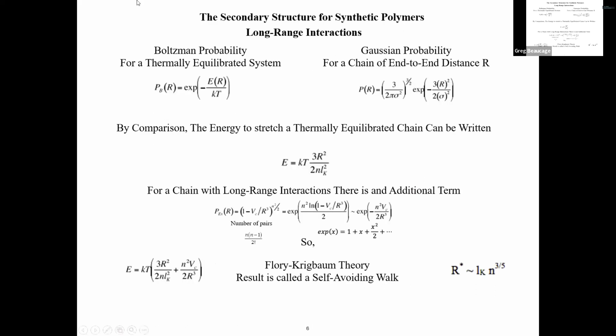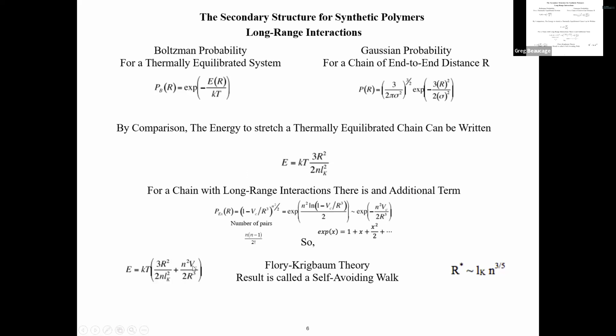And then by comparison of the Boltzmann and the Gaussian function, you can get an energy for the chain. If you want, you can include an excluded volume term, which is the volume for one exclusion, the volume divided by the chain volume cubed. What it doesn't exclude is 1 minus that. Then how many times that could happen in the chain is n squared over 2. If you take the log of it, then the exponential, you end up with this expression, which is of the same form as that one. So you can just add in that term here.